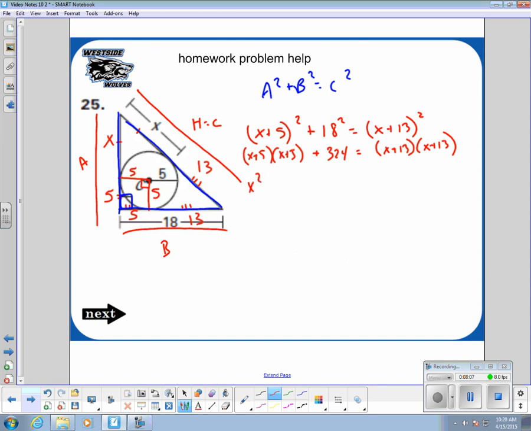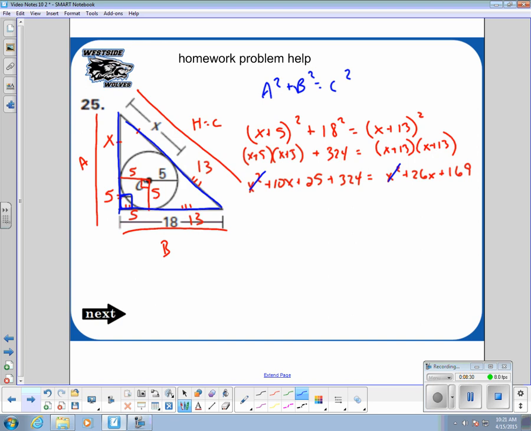So we have x squared plus 10x plus 25. Oh, that didn't really turn out right. Okay, so plus 25 plus 324 equals x squared plus 26x plus 169. Well, there's an x squared on both sides. Since there is, they will cancel when we move to one side.